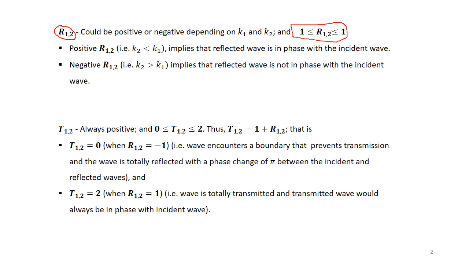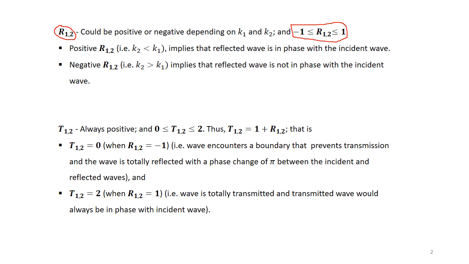That is, the reflected wave and the incident wave have a phase difference of 180 degrees. You're not in phase. The phase difference is greater than 0. That's what it means.